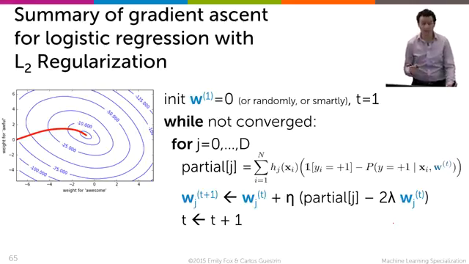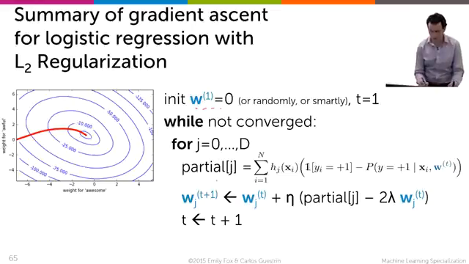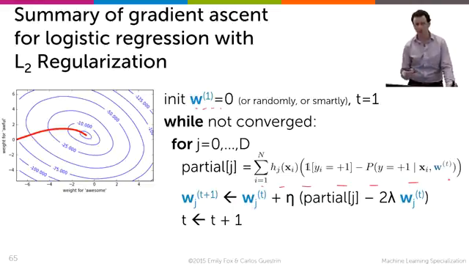Finally, this is exactly the code that we described in the last module to learn the coefficients of a logistic regression model. You start with w equal to 0 or some other randomly or smartly initialized parameters, and for each iteration, you go coefficient by coefficient, you compute a partial derivative, which is this really long term here, the sum over data points of the feature value times the difference between the indicator of a positive data point and the predicted probability of positive.